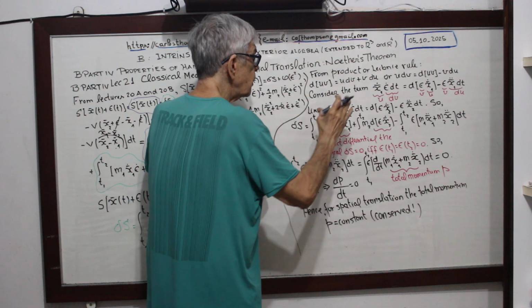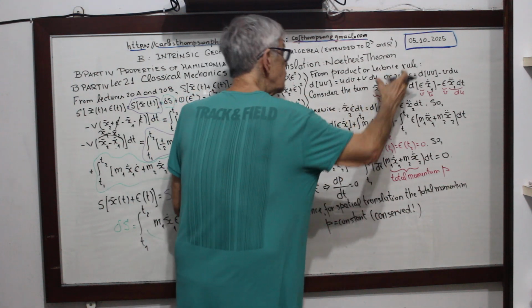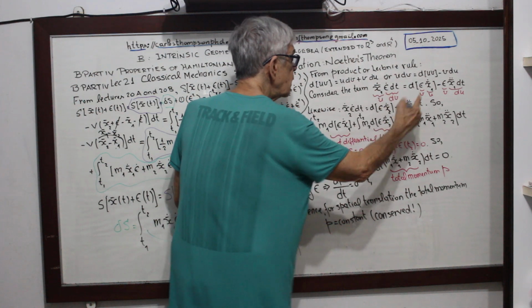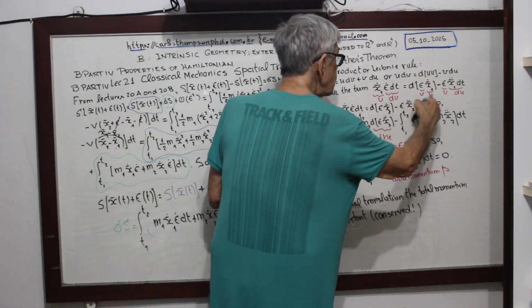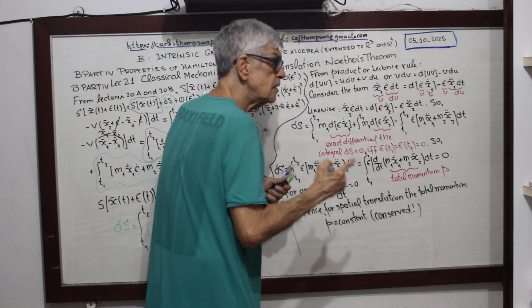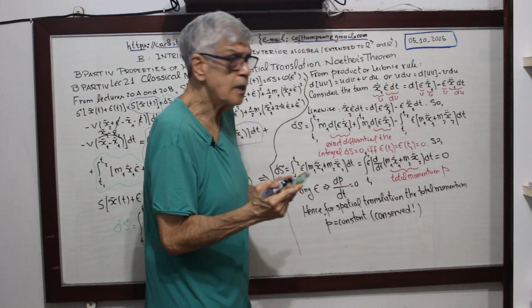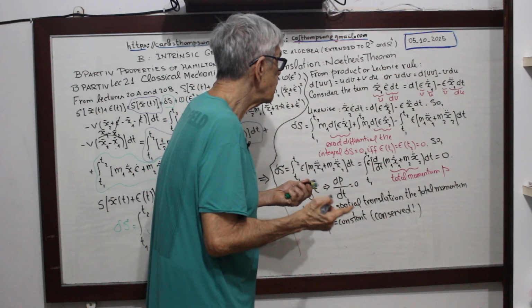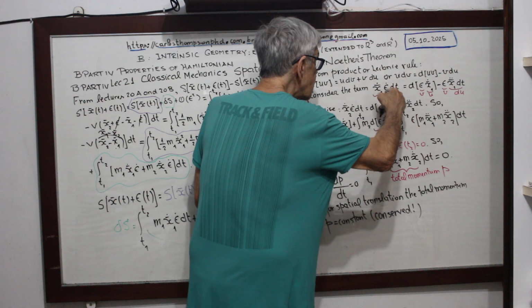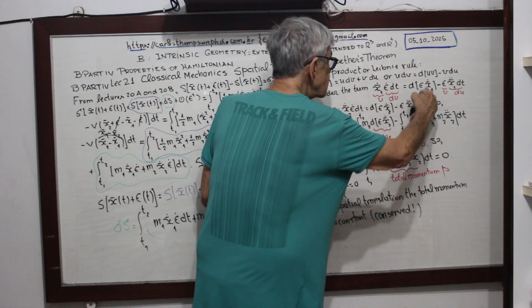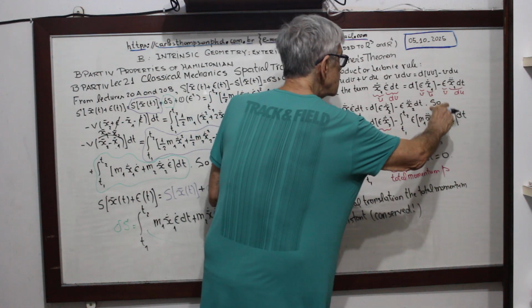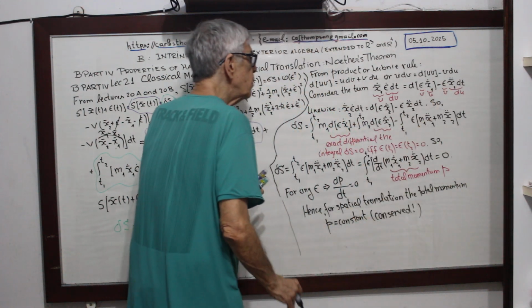Now you consider this term over here and look at that. So this I call u, this is dv. So it's the differential of uv. You see, dv is ε̇ dt. Then I can easily, this leads to the integral of this, which is just ε. That is v. Quite easy, no problem here.